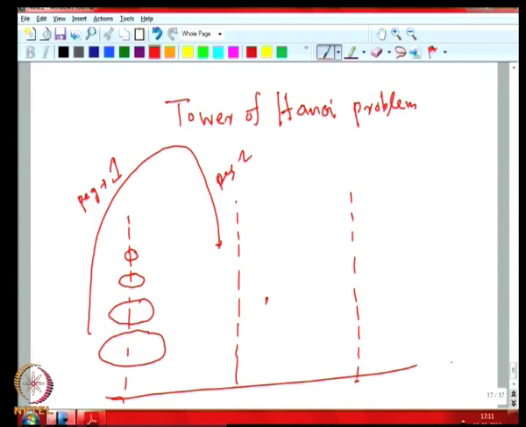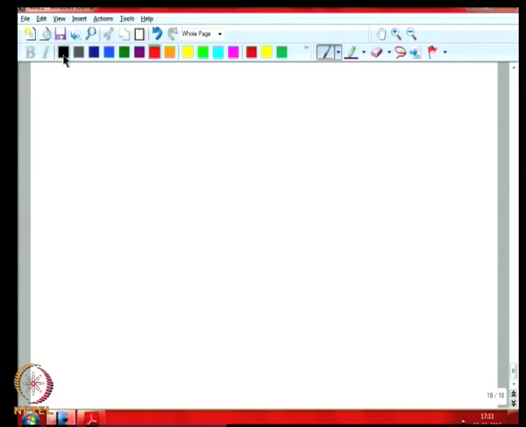One may wonder, is it possible at all? We can just take some simple examples. You can easily see that you can do it somehow, because you have 3 pegs, so there is a temporary place to put discs. If you had only one disc, there is nothing to worry about, you just take the disc and put it.